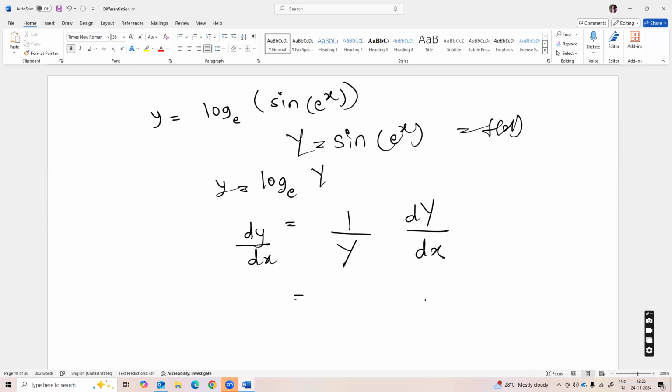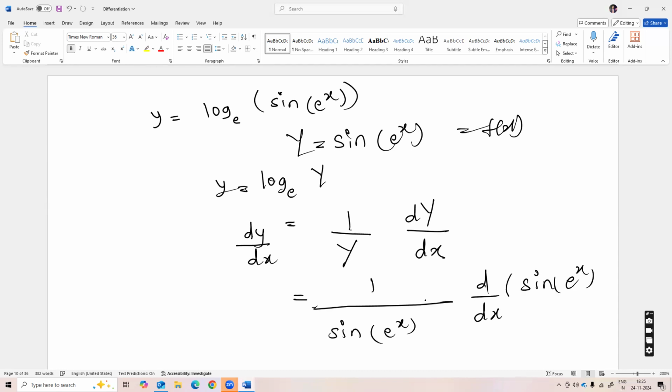Now let's substitute Y. Capital Y is sin of e to the power x, and here we need d by dx of sin of e to the power x.